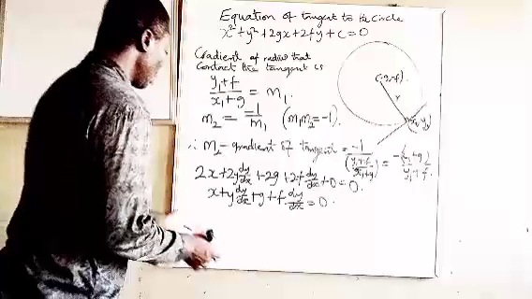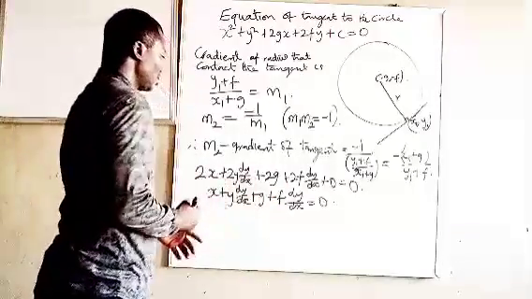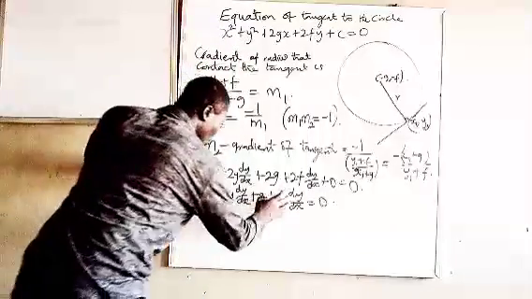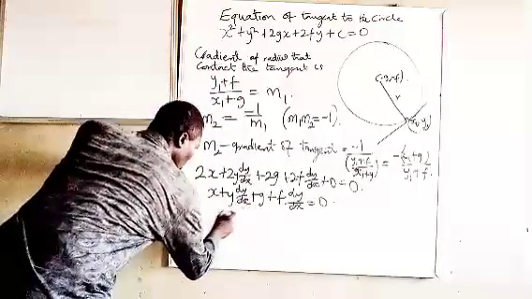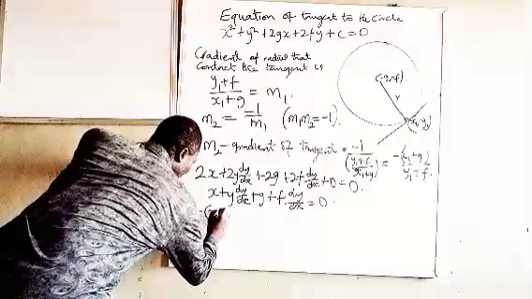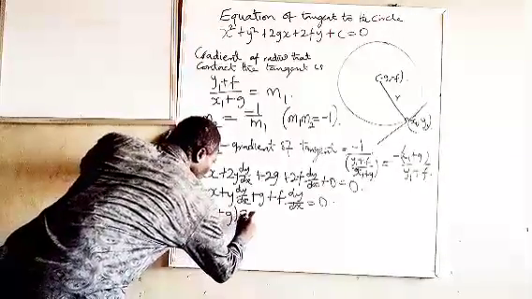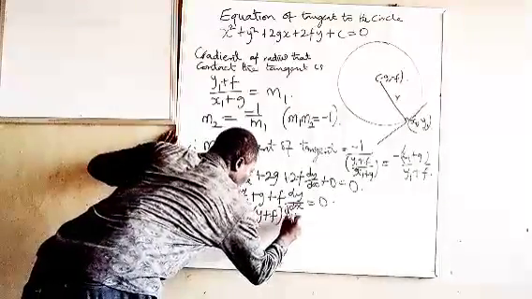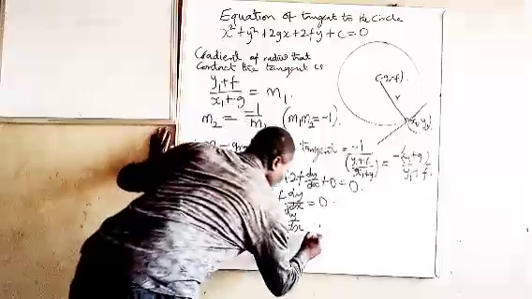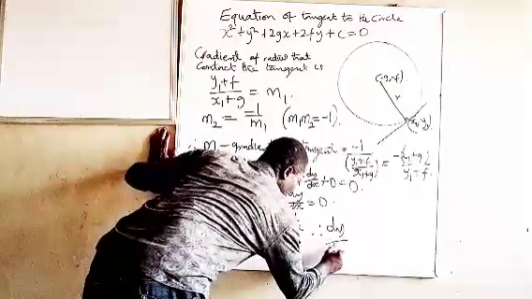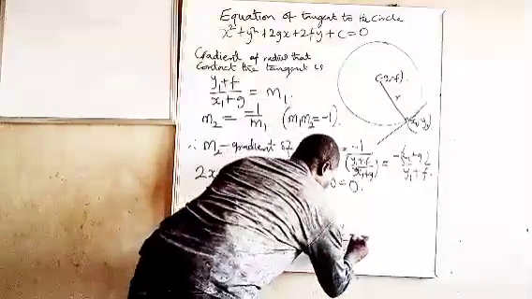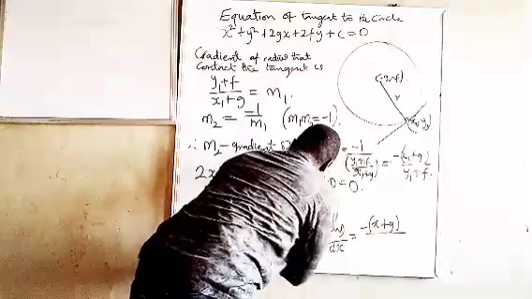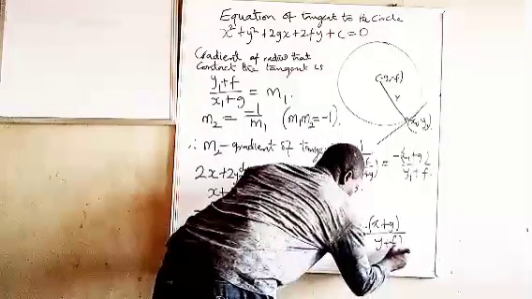What next? We gather terms containing dy/dx to one place and the ones that do not contain dy/dx to another place. So we have minus (x plus g) is equal to (y plus f) dy/dx. Therefore, dy/dx is equal to minus (x plus g) over (y plus f).